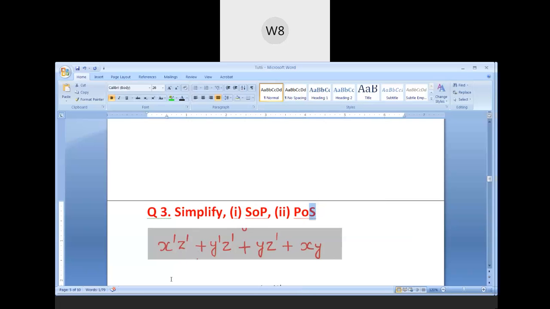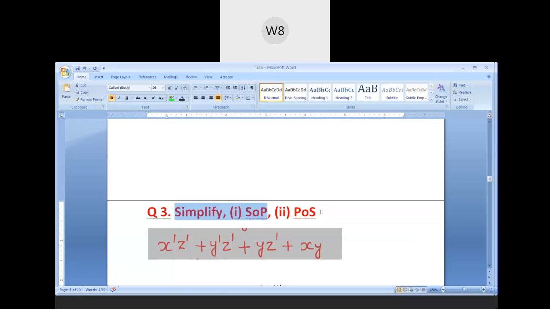So now we want both types of representation for this Boolean function, which you can see has three variables x, y, z. The first part we have already done in the previous two questions, that means simplifying and representing in sum of product form. So this part we are already familiar with. What is going to be new for this problem is finding the product of sum form.